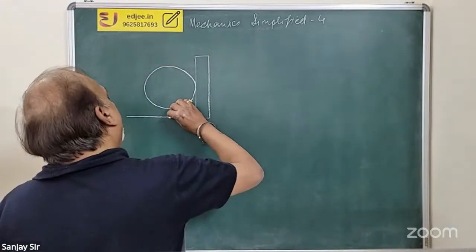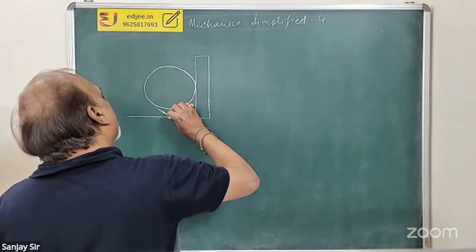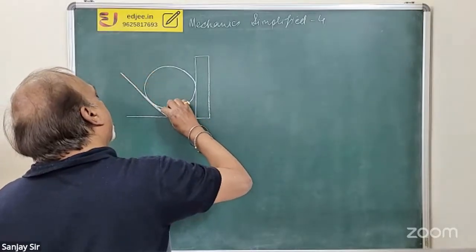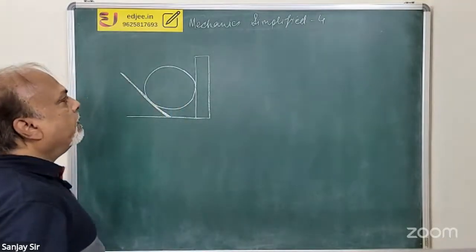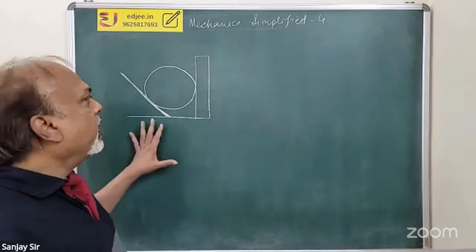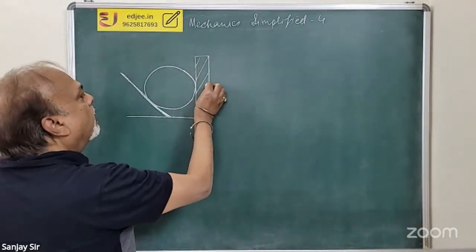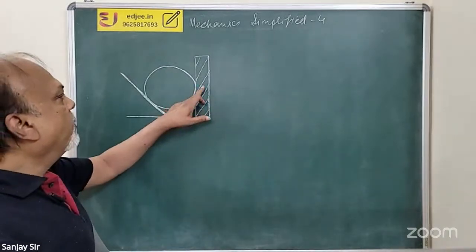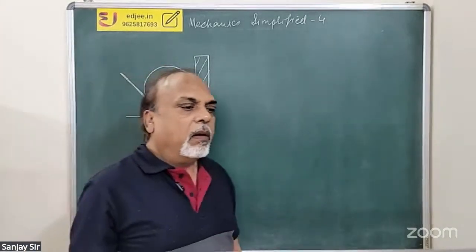Suppose you have an inclined plane like this. This is the wall. So there is a normal reaction from the wall and a normal reaction from the inclined plane.